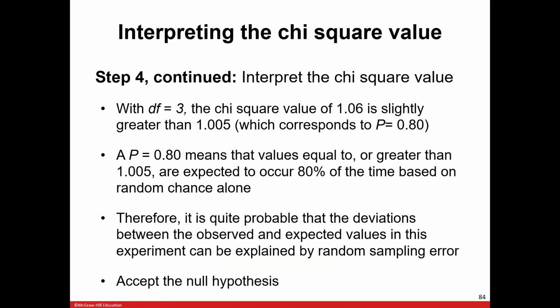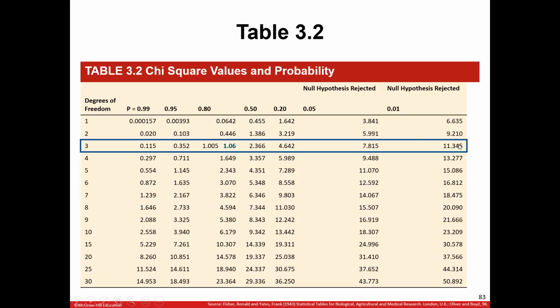So in this case, it says P of 0.8 means expected to occur 80% of the time based on random chance alone. You want to find it when it is way over on this side. At 0.05, the null hypothesis is rejected. Between 0.05 and 0.01, remember in a paper, this would be shown as 1 asterisk. This would be shown as 2 asterisks.